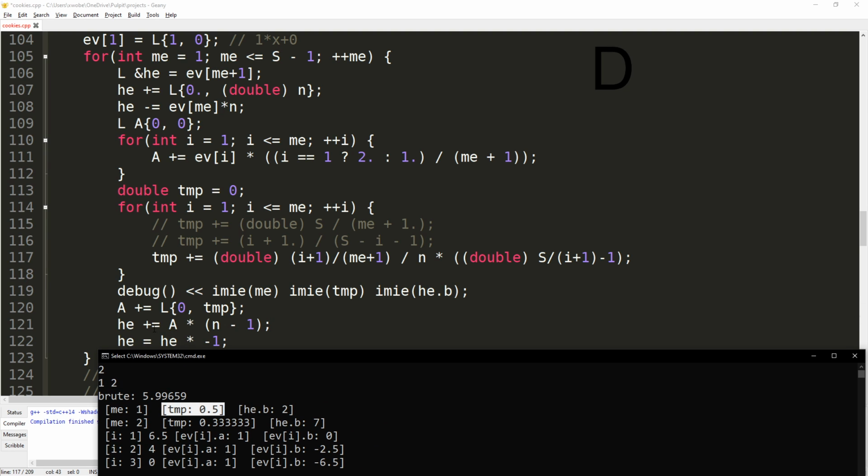Oh, but A is added then with this probability n minus 1. So I had n minus 1 over n to go up. N minus 1 over n to go up. And I'm using that here.